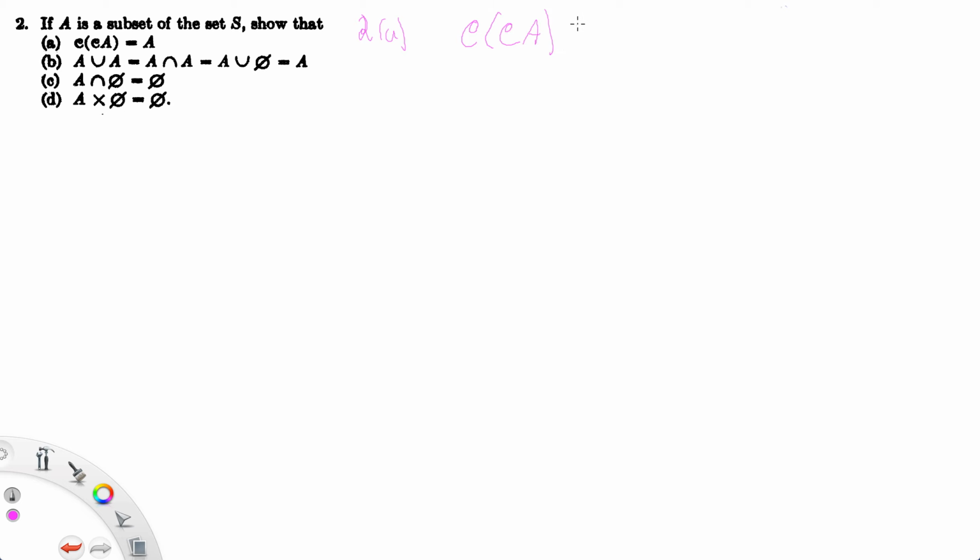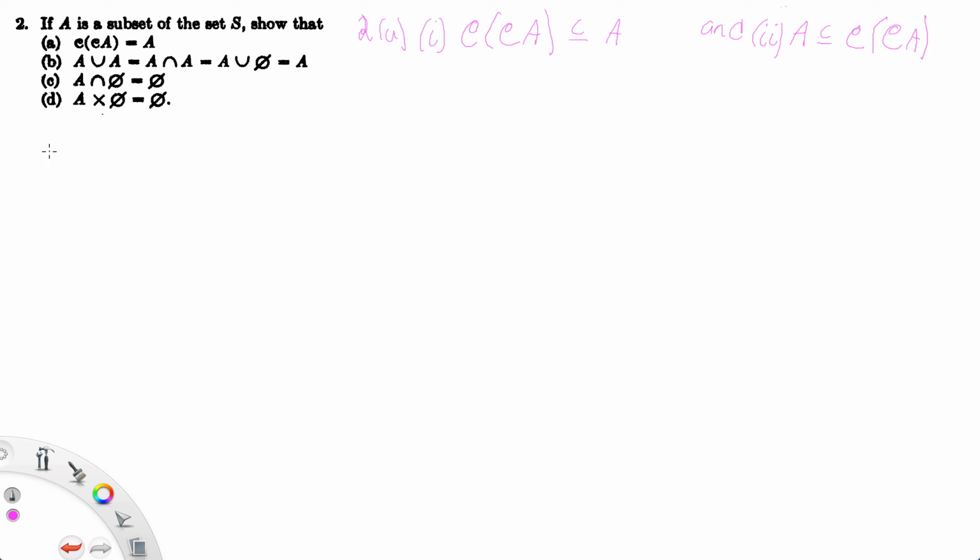We have to show that the left side is a subset of the right side, so that the complement of the complement of A is a subset of A. This is our first step, and our second step is to show that A is a subset of the complement of the complement of A.